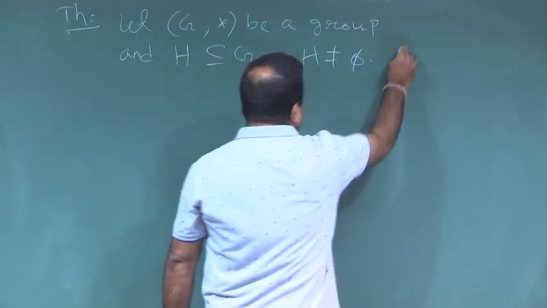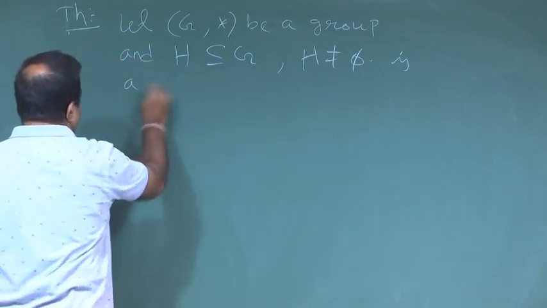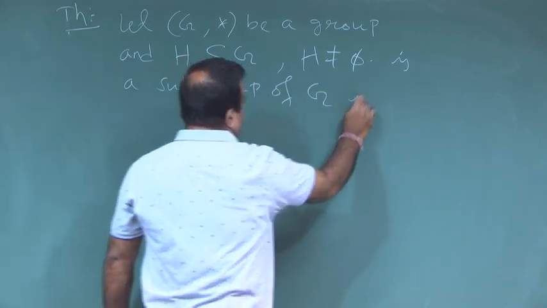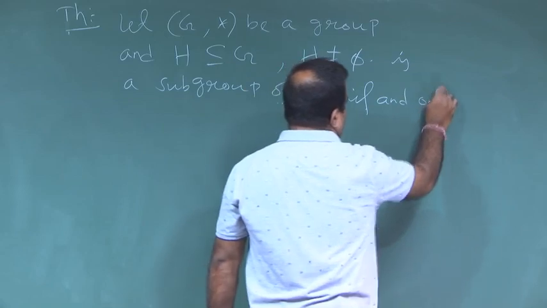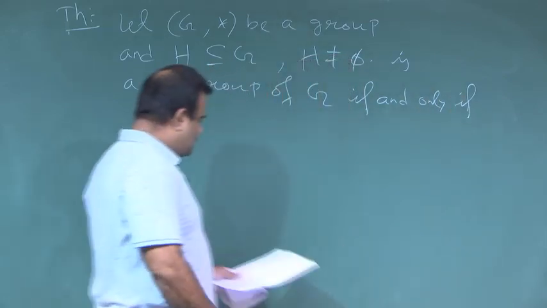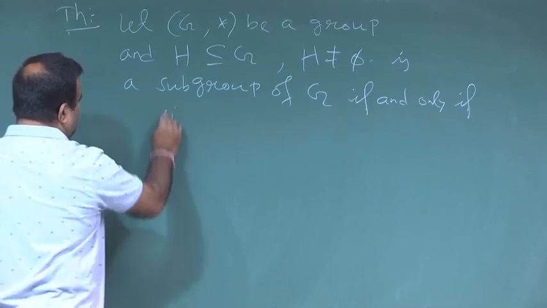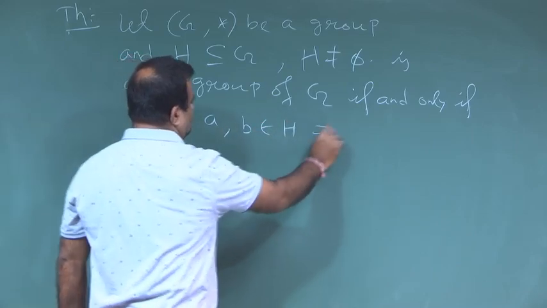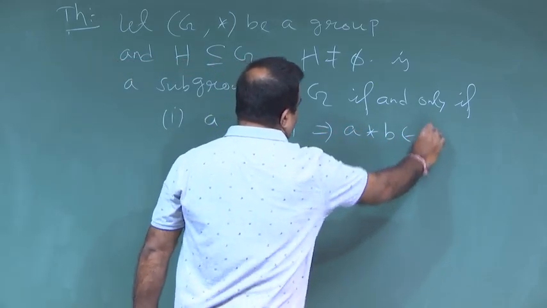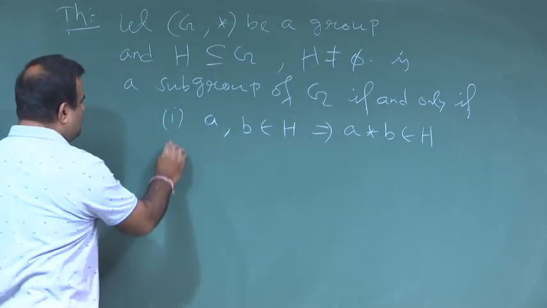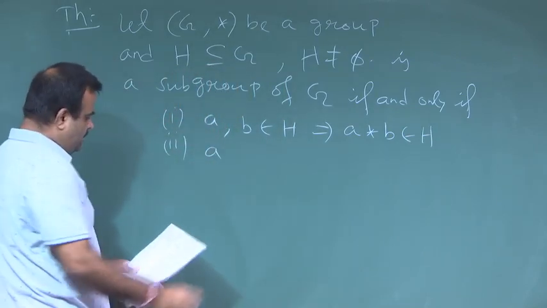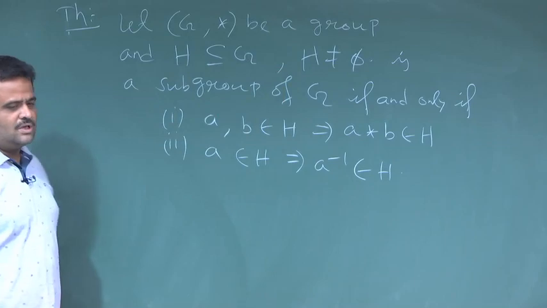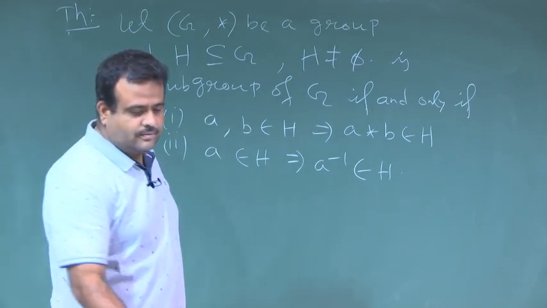H is a subgroup of G if and only if these two properties are satisfied. First, a, b belongs to H implies a star b belongs to H, this is the closure property. And the second property is a belongs to H implies a inverse belongs to H. So, this is the theorem.